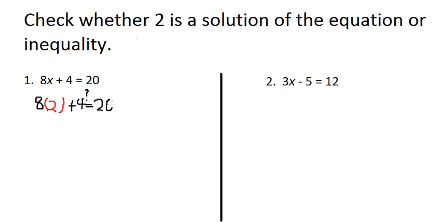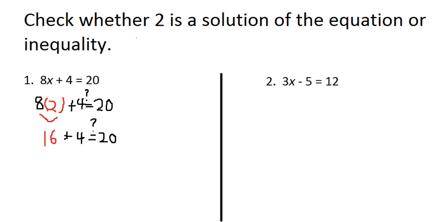Equals 20, all right? So now we're actually going to do this multiplication out. So 8 times 2 is 16. So we end up now with 16. And then everything else comes down, remember. Plus 4, maybe equals 20. Again, we have that question mark because we haven't shown quite yet that that's definitely true.